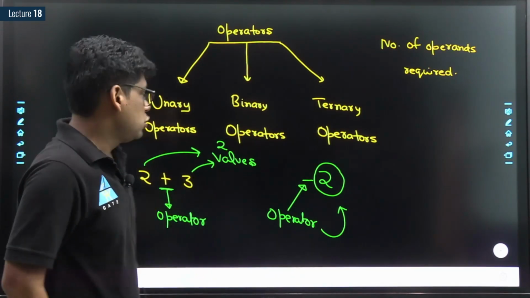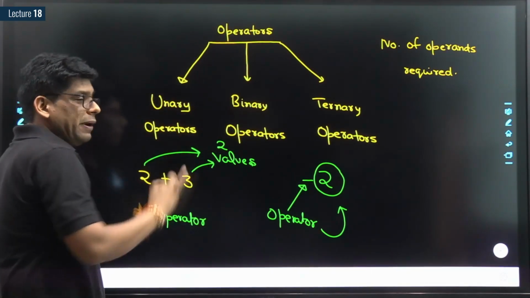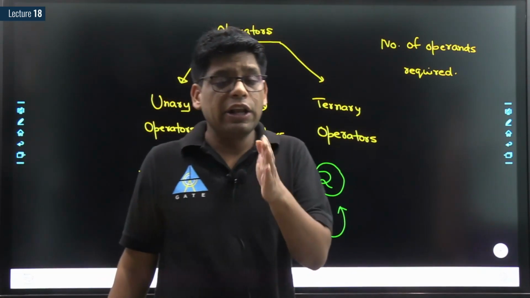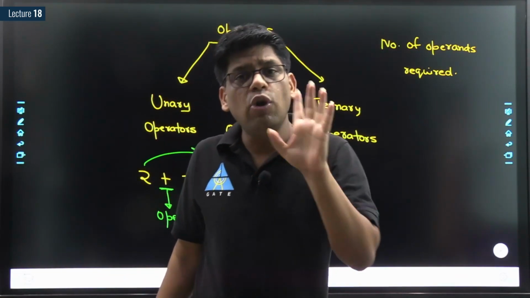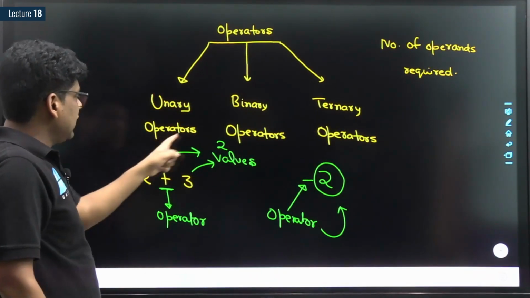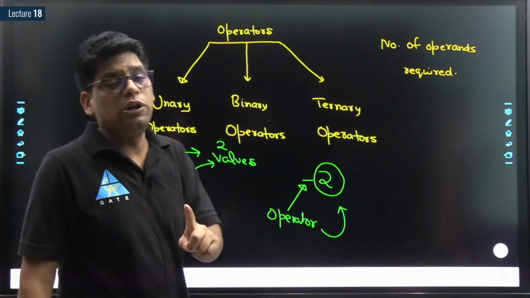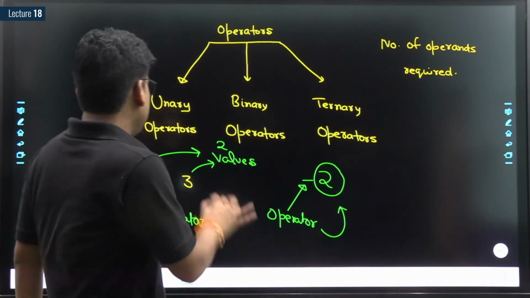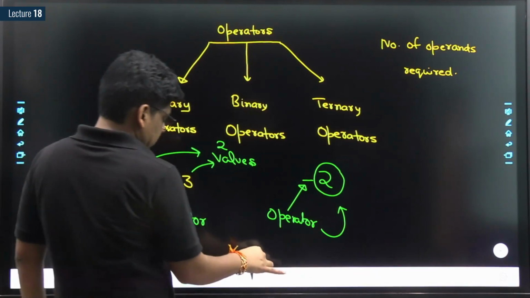Try to understand. So, what is a unary operator? Those operators that require only a single operand, only a single value, they operate on a single value. They are called unary operators.